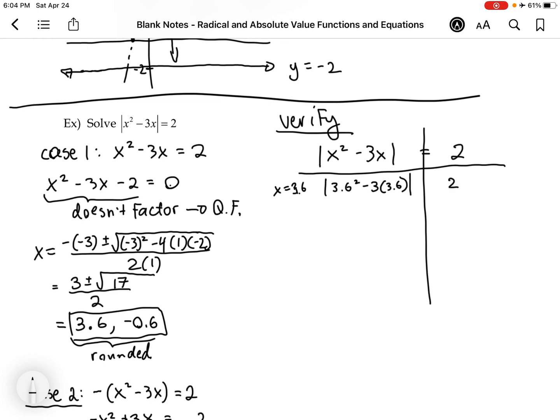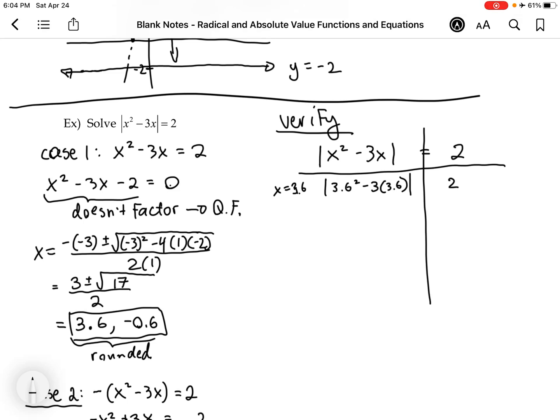And here I'm looking at 2. Okay. And this gives me, I'm just doing that on a calculator right now, 3.6 squared minus 3 times 3.6.